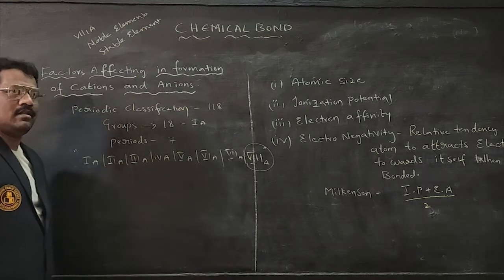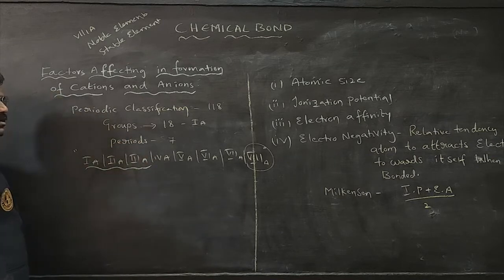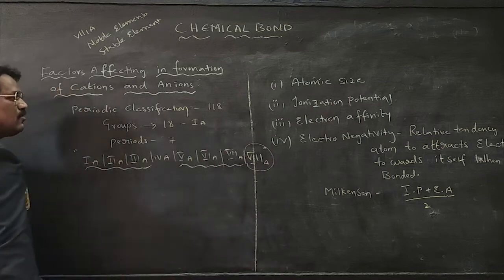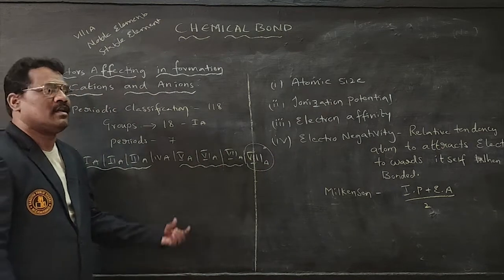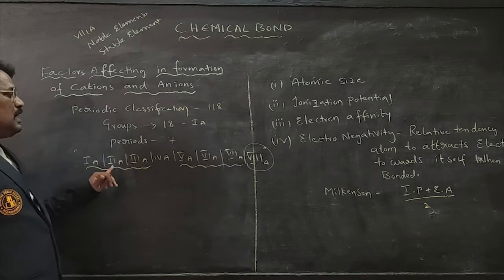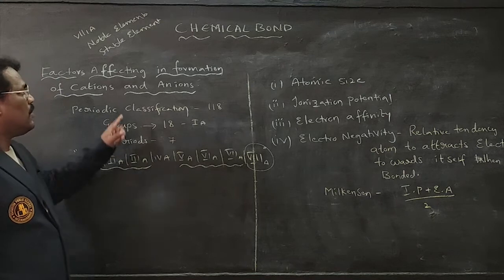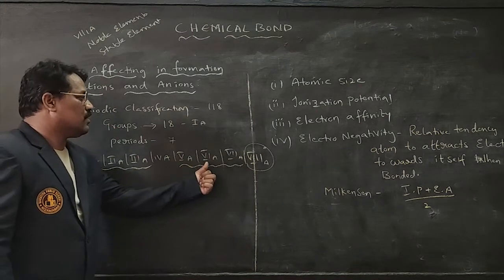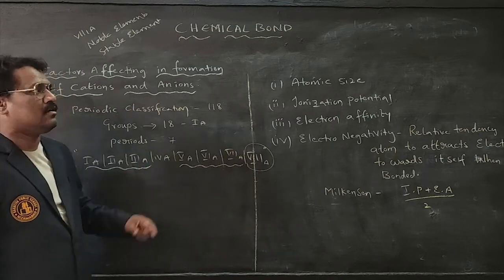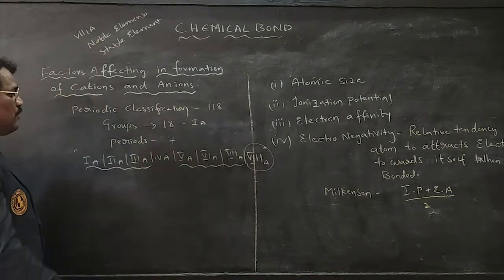Coming to the remaining, first A group, second A group, third A group, and similarly fifth A group, sixth A group, seventh A group elements. First, second and third A group elements lose electrons to attain stability and form cations. Fifth, sixth and seventh A group elements gain electrons to form anions and attain stability.